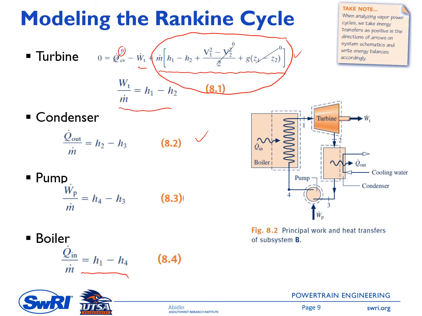If you remember, the work is positive when the system is doing the work, and the heat transfer is positive when the system is receiving the heat transfer. Once again, to avoid confusion in the analysis of the Rankine cycle or vapor power system, usually we maintain all numbers positive.